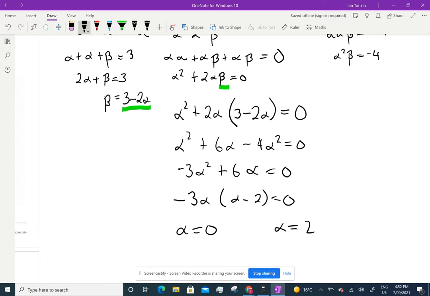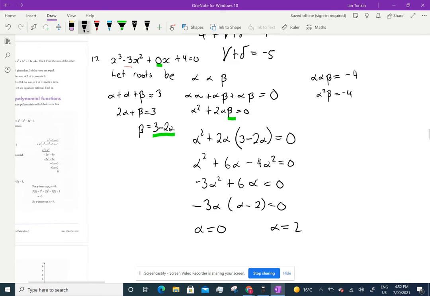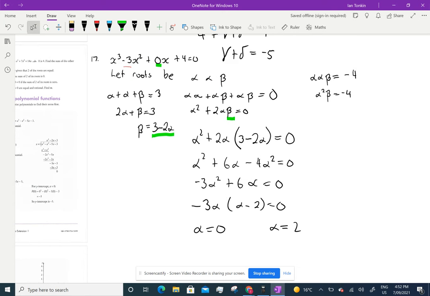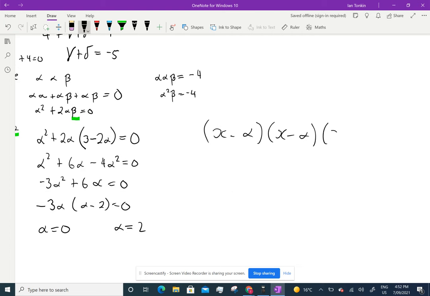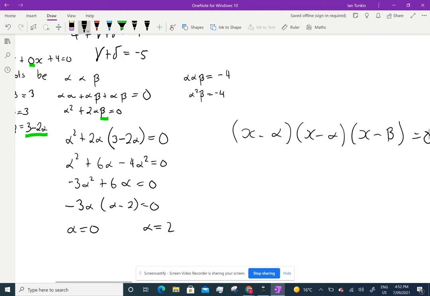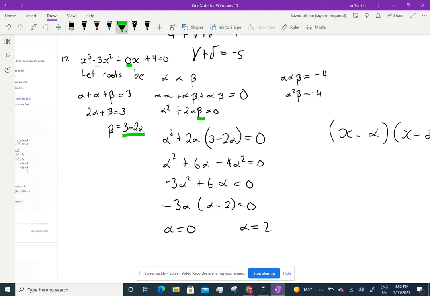Now, here's where you need to be a bit smart. Can I have a 0 root? Now remember what a root is. It means that x minus alpha, x minus alpha, and x minus beta equals 0 is a solution to this equation.